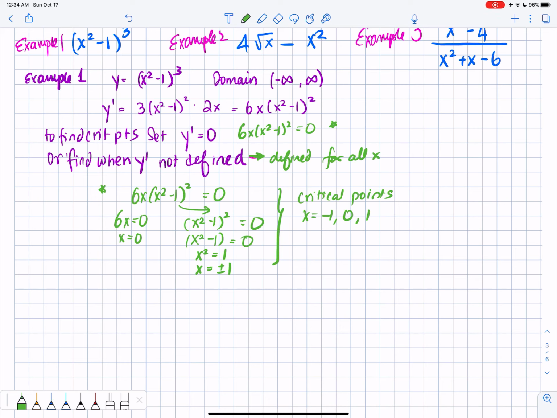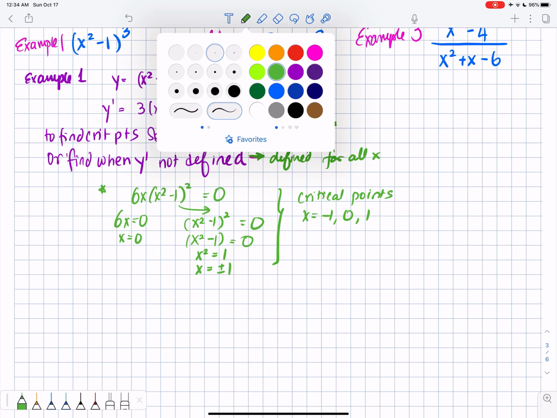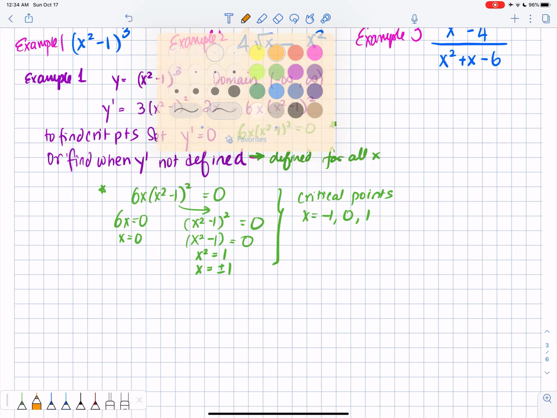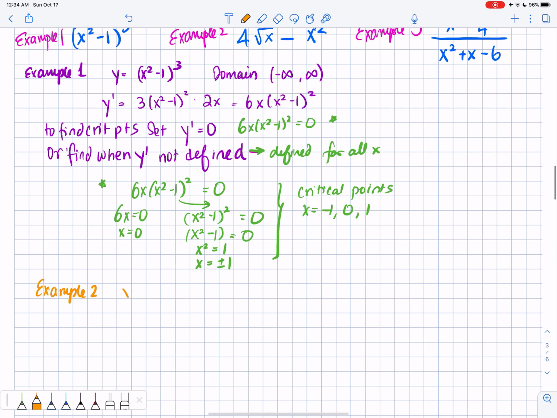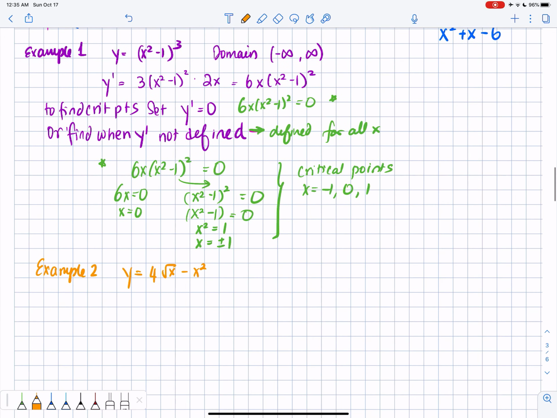All right. So now let's do another example. All right, the second one says y equals 4 square root x minus x squared. Okay, so let's just pay attention. What is the domain of this function? The domain is x bigger than or equal to 0.